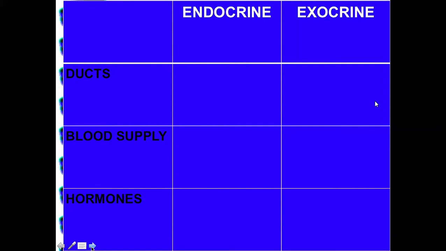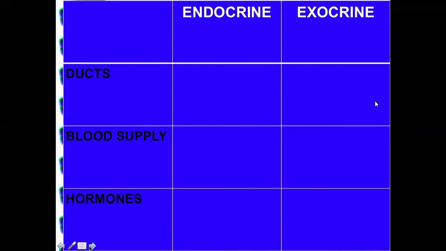In that table, in this portion we have the endocrine, and the other portion is the exocrine. So ducts, do they have ducts? The ducts are very prominent in the exocrine glands, whereas the endocrine glands don't have ducts. They are ductless.